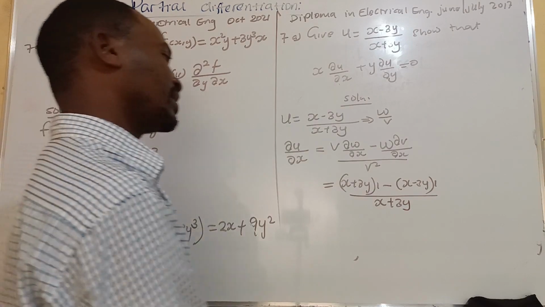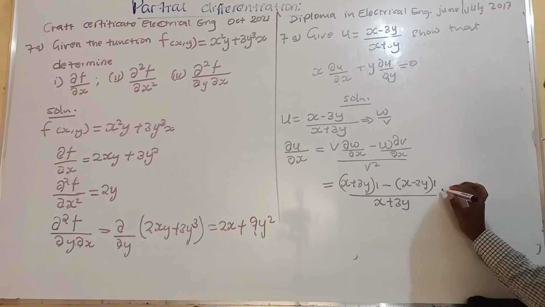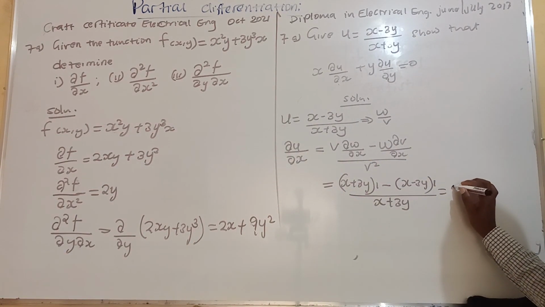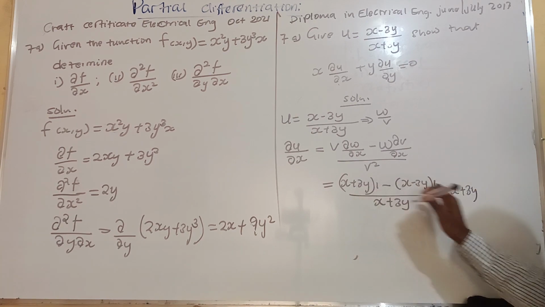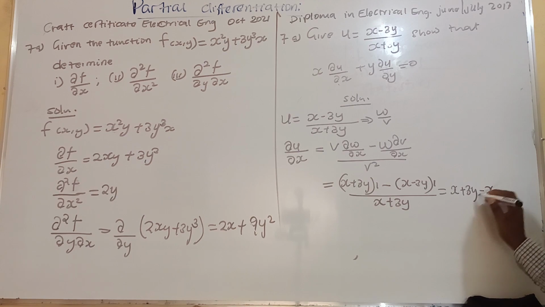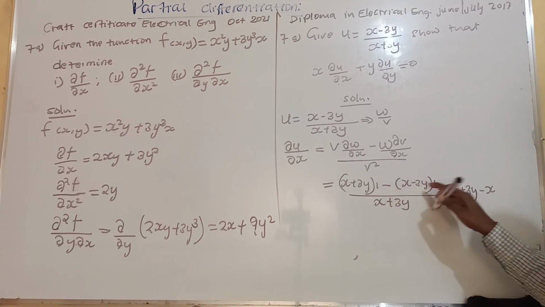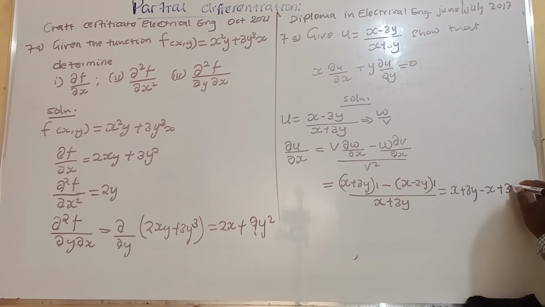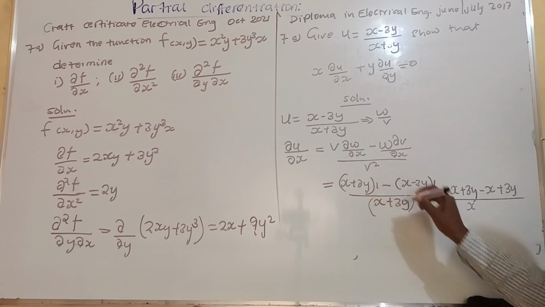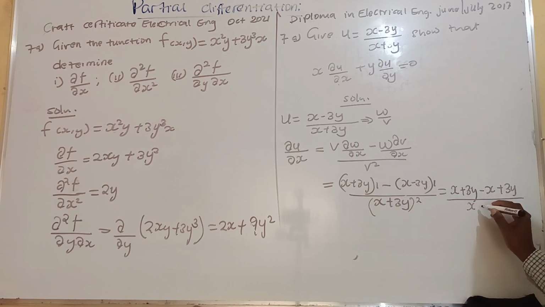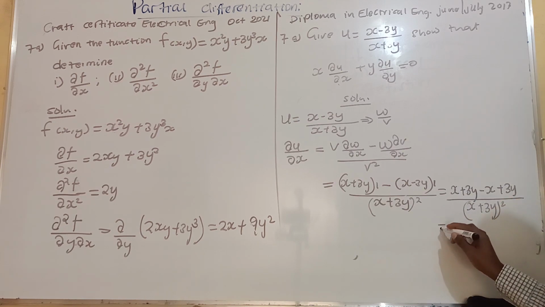Then you can open the bracket: x plus 3y minus x plus 3y, all over x plus 3y squared.